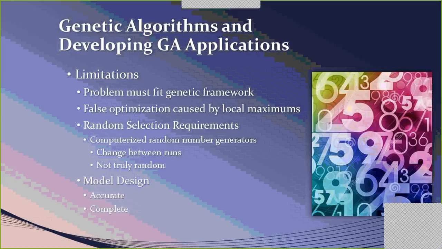The most difficult part about genetic algorithms, actually, is the design of the model itself, so the interrelation between the input variables and the output variables. And this is really dependent on the people putting the model together and how much they know about it, how accurate they are, and how complete they are.